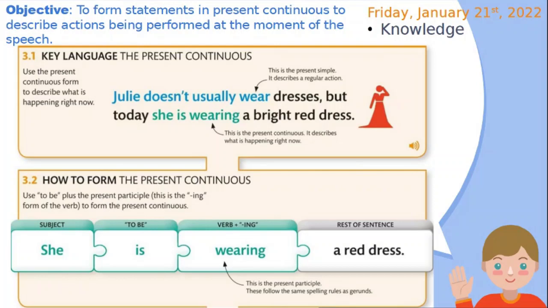So we use the subject she, then the present simple of the verb to be corresponding to this subject. So she is, and then we take the main verb wear, adding the ending ing, so wearing. Then we have the sentence, she is wearing a red dress.